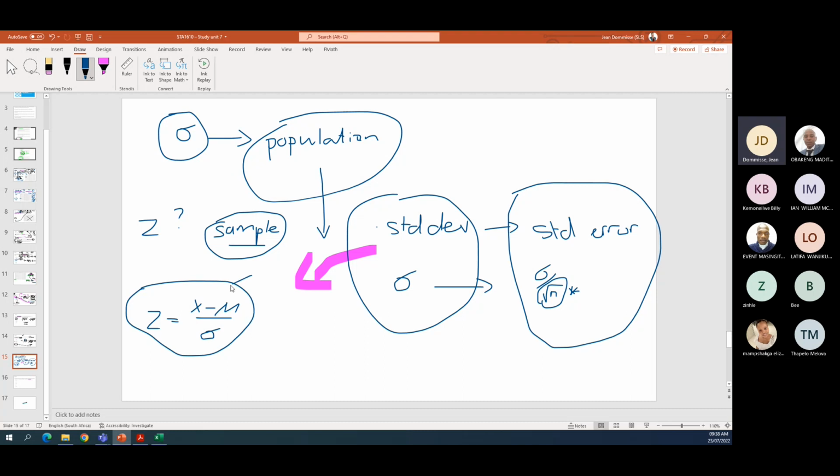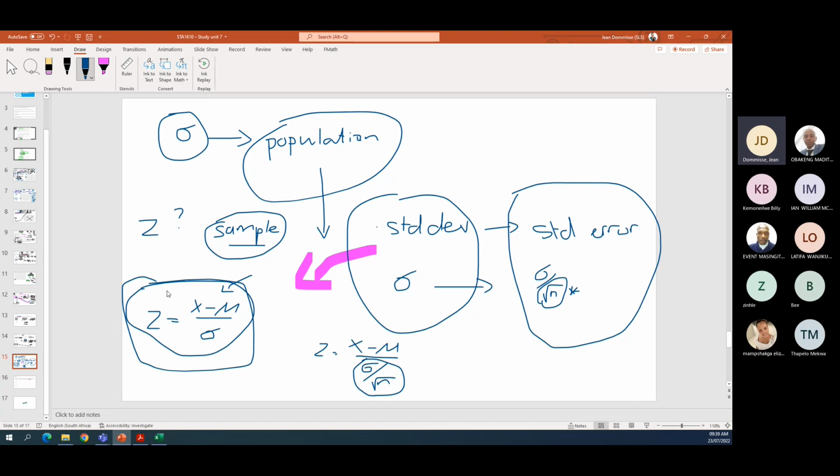So there's no sample involved at all. But in study unit 7, they need to tell you that you're working with the sample, so that you can bring in the standard error. So if I don't mention sample, this is still the basic that you will use.